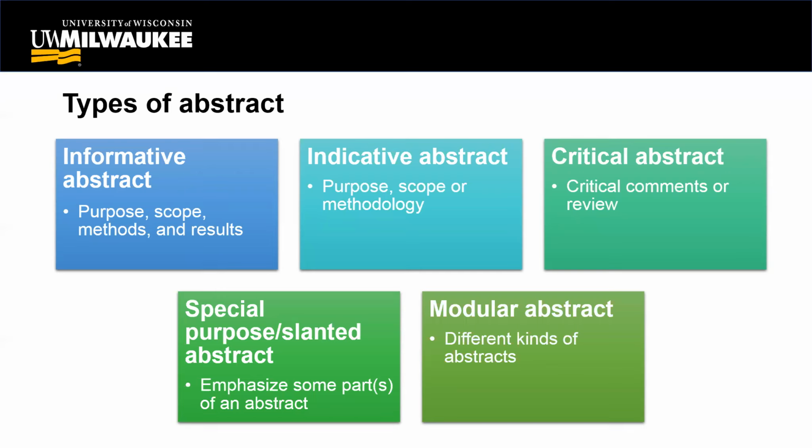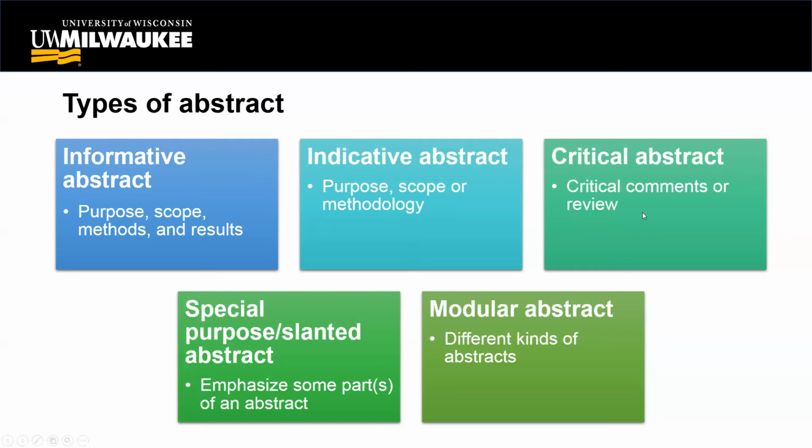So when you're writing an informative abstract, you have to say what the purpose of the study is, what its scope is, what methodology you use, and what the results are. And the indicative abstract is mostly a shorter version of that. You either just put purpose, scope, or methodology. So it's not as comprehensive as the informative abstract.